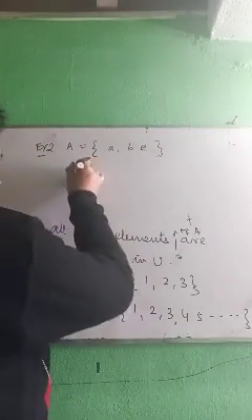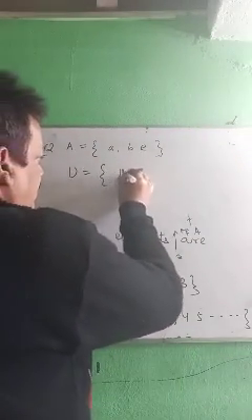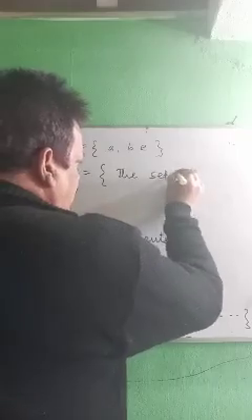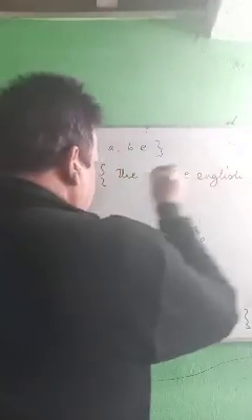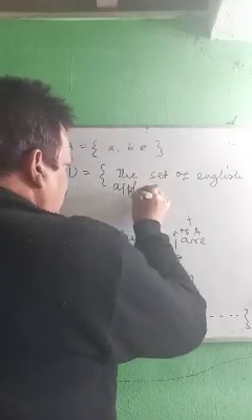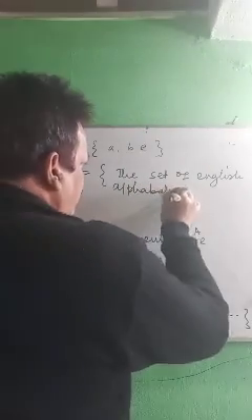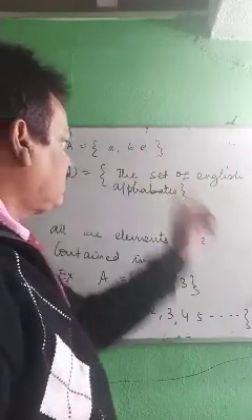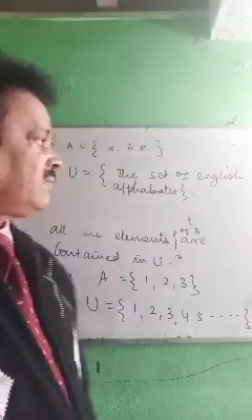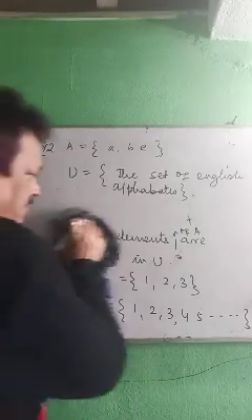So here U will be the set of English alphabets. The set of English alphabets will be called the universal set for this. Okay, I hope by this time you are clear.